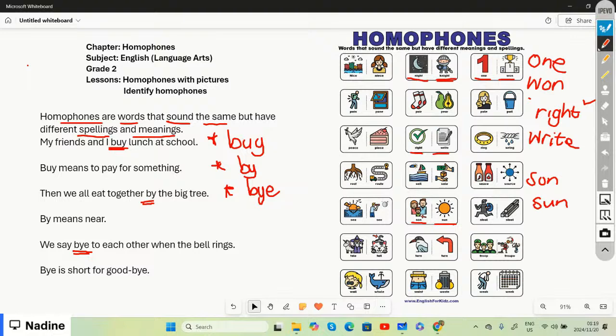So sun, son, and then the other word sun, but they sound the same.